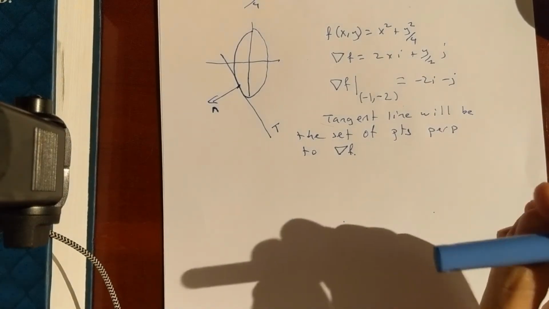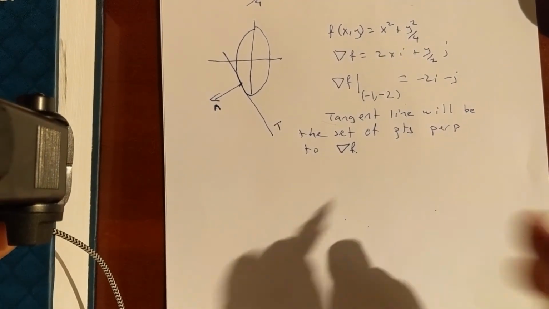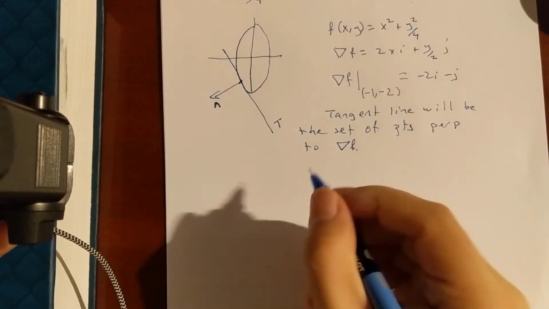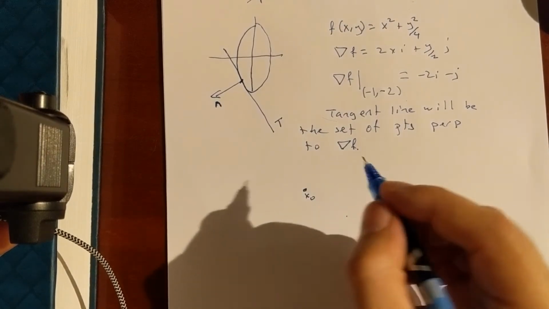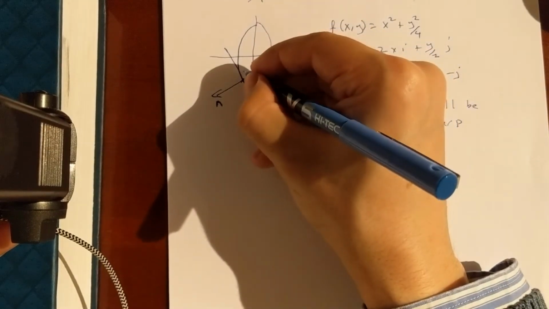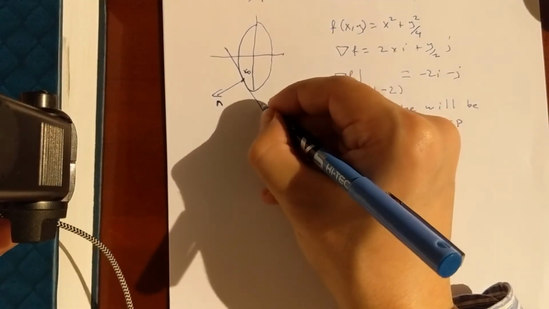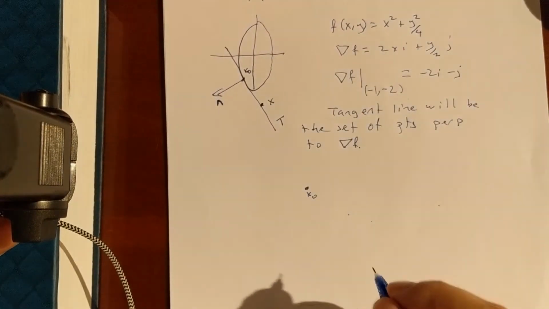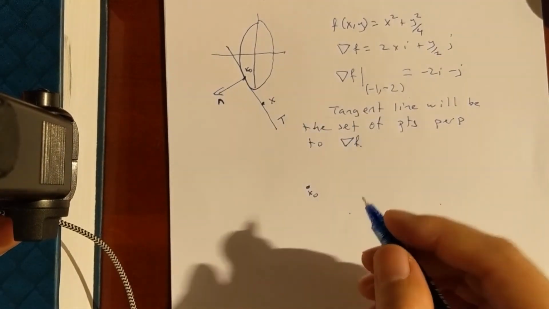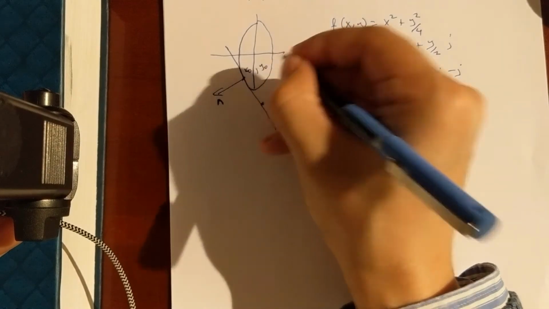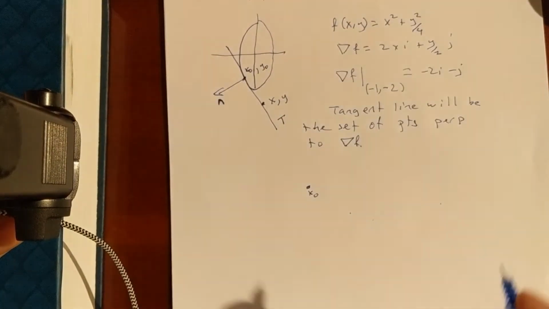Okay, so how are we going to find all those points perpendicular to the gradient of f? Well, we have our x naught, right? Sorry, we drew it already here. Let's say this is a point x. So this is x naught, y naught, and let's say this is the point x, y.